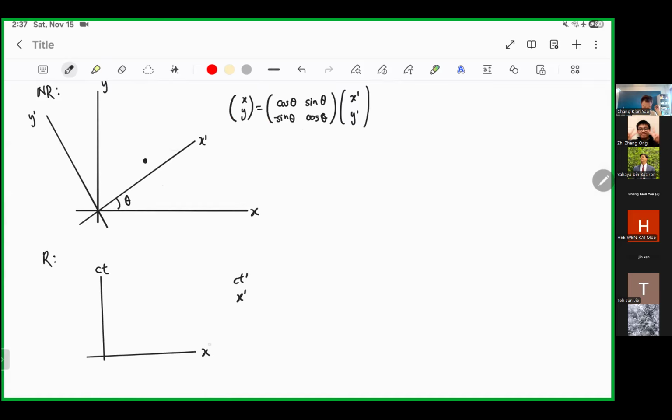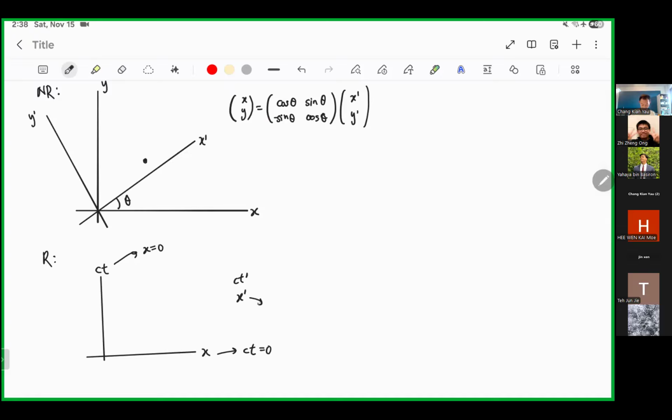For ct prime, let's say we look at the x-axis. The x-axis basically means ct equals 0. It's the line where the time itself is 0. And same thing, the ct axis is the line where x is 0. Now we want to find the lines of ct prime and x prime.